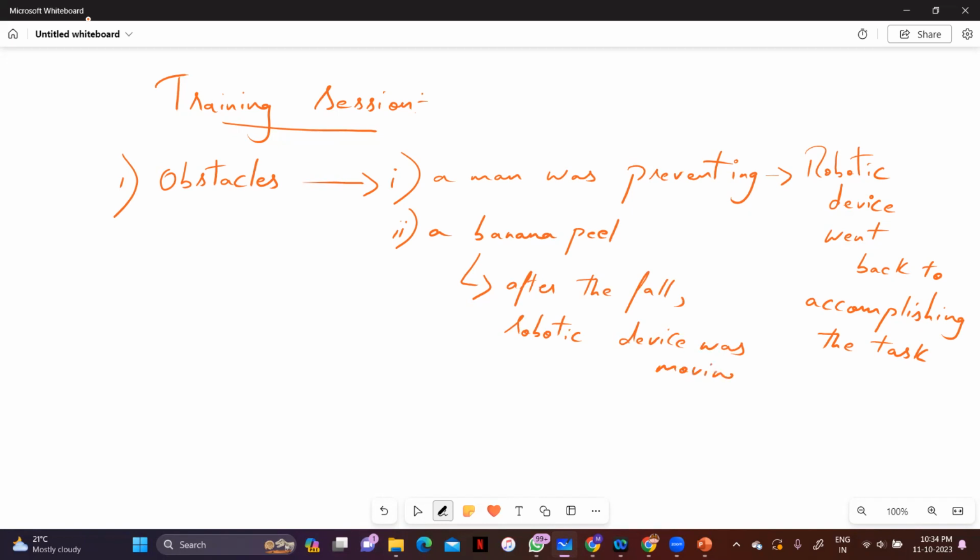He was back on his feet, the device was moving, but the point to be noted here was, if the vision system or the sensors of the robotic device had given a perfect view, the fall would have been prevented. So this is what these training and testing sessions are for, to find out if these robotic devices are able to accomplish their task when an obstacle is brought to them. That is a very common thing in these training sessions.